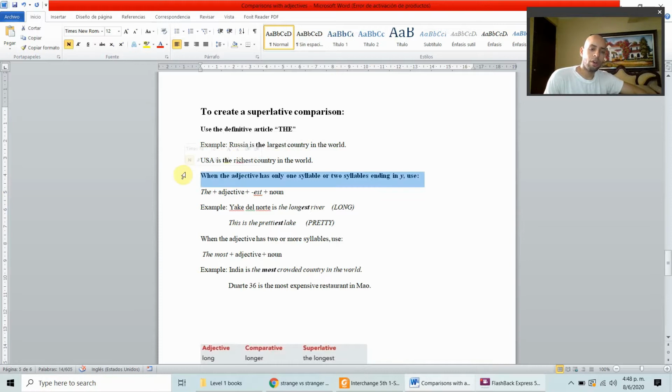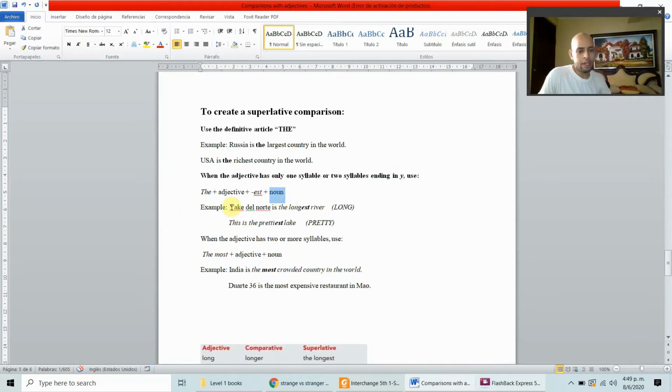So, when the adjective has only one syllable or two syllables ending in y, use, of course, the definite article, the adjective with est at the end, plus the noun you are modifying.